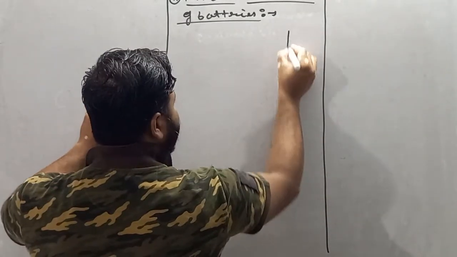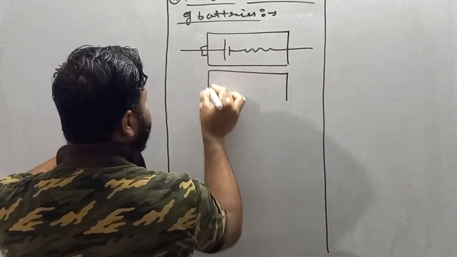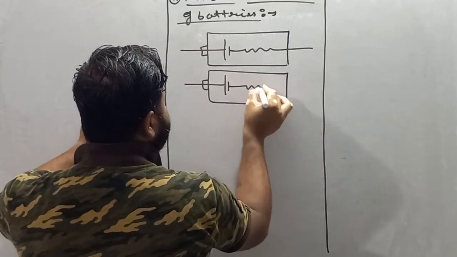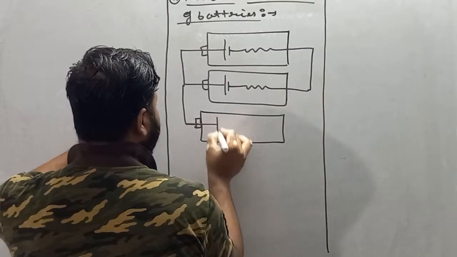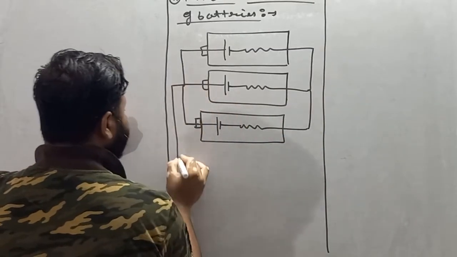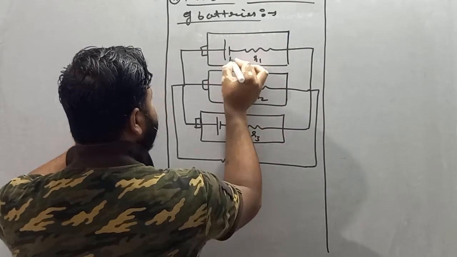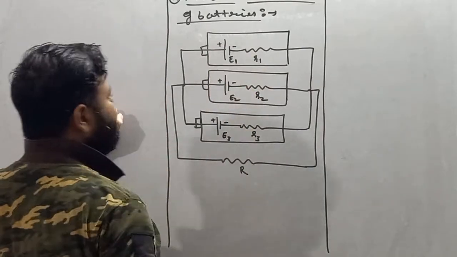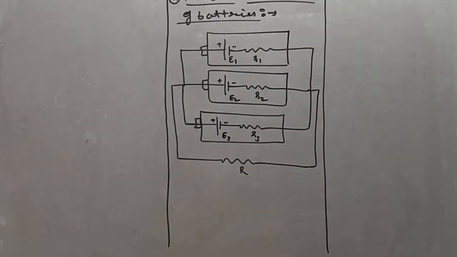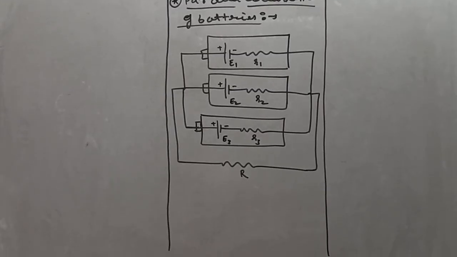Consider three batteries of EMF E1, E2 and E3 having internal resistance R1, R2 and R3, connected with an external resistor of resistance capital R.